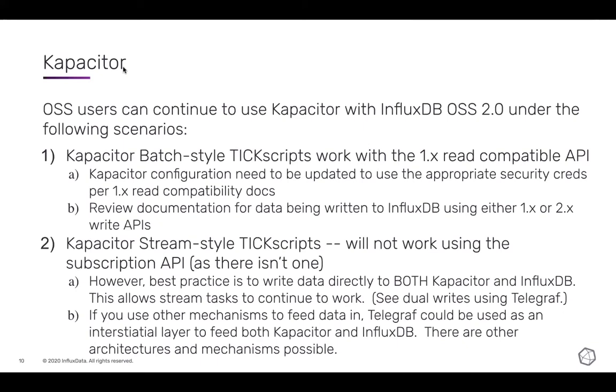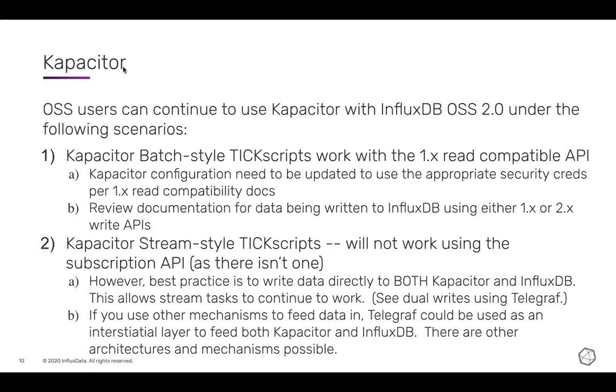Second, for stream tasks, there is not a subscription API as part of InfluxDB 2.0. That's okay. The best practice is actually to feed the data in both to InfluxDB and Kapacitor directly. And doing so allows you to continue to use your stream tasks as is. If the output was to write some of that data back to InfluxDB, again, the write compatible API is there.